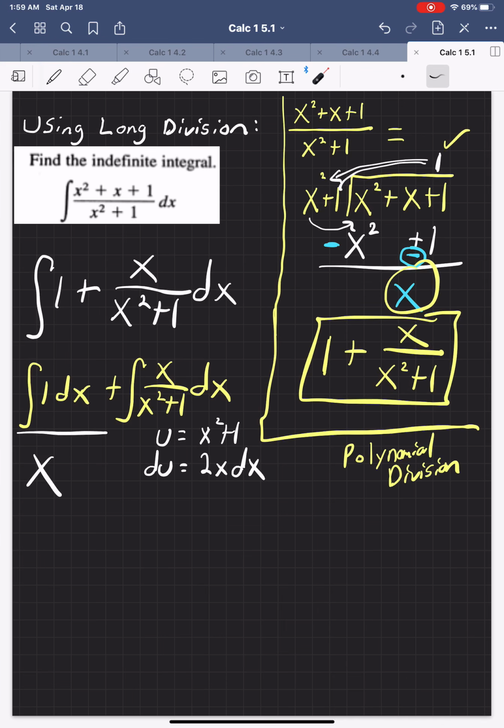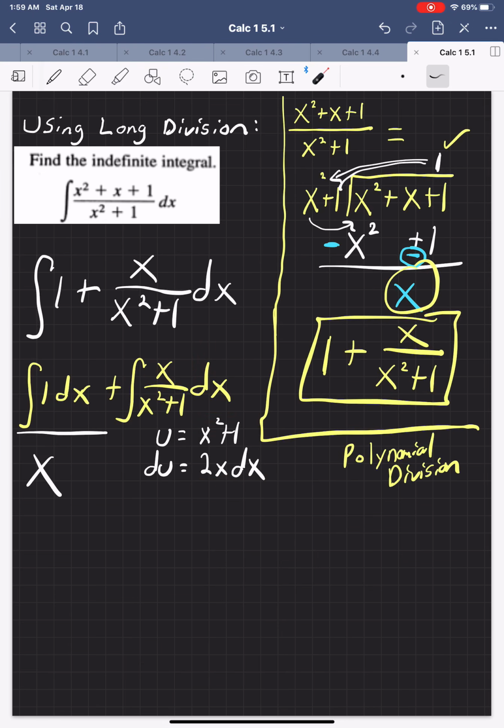Let's think about what we have and what we don't have. I can take this x squared plus 1 and put a u there. That's not a problem. But to get a du, I would need to have a dx, an x, and a 2. So I have the dx, I have the x, I don't have the 2.